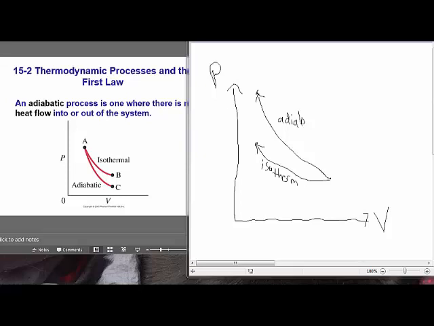Just a little note here, a clarification. When I talk about very quickly compressing the cylinder and doing an adiabatic process and then letting it cool, we end up where we would in an isothermal process, but it wouldn't be the same as the isothermal process when it was cooling the entire time. So the true isothermal process might be slower, where the temperature stays the same during the entire process.